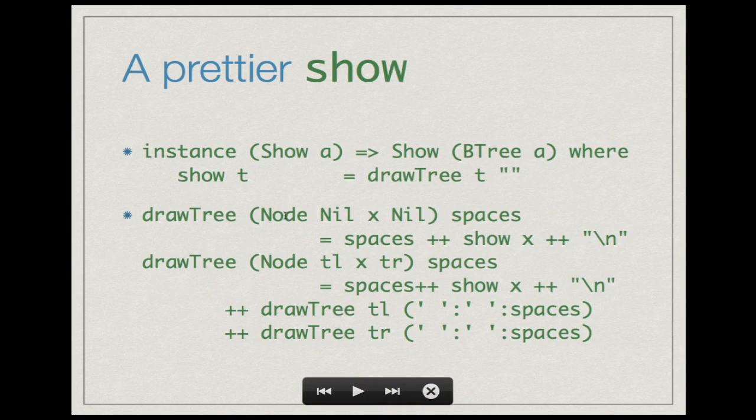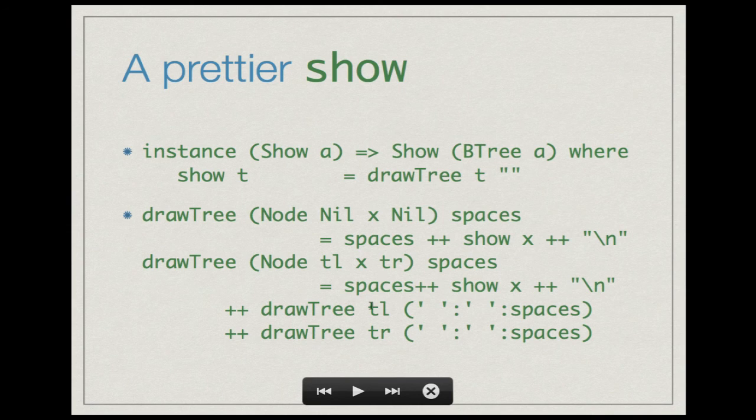The other case is when you have a node x, both of whose subtrees are empty, Node Nil x Nil. drawTree of Node Nil x Nil spaces is nothing but spaces ++ show x ++ new line. drawTree of Node TL x TR, where TL is the left subtree and TR is the right subtree, spaces is nothing but spaces ++ show x ++ new line.